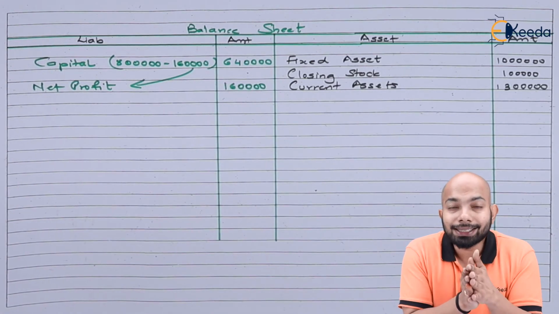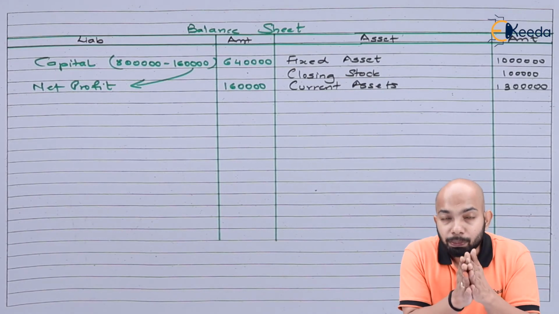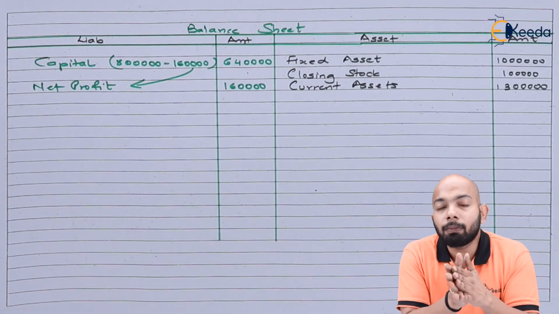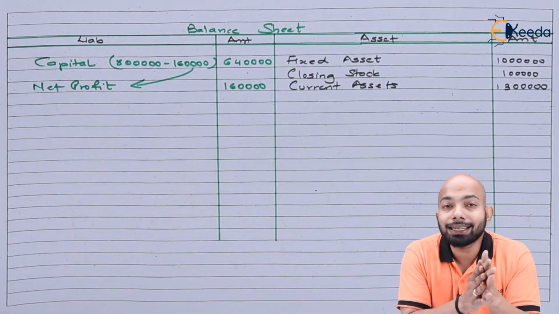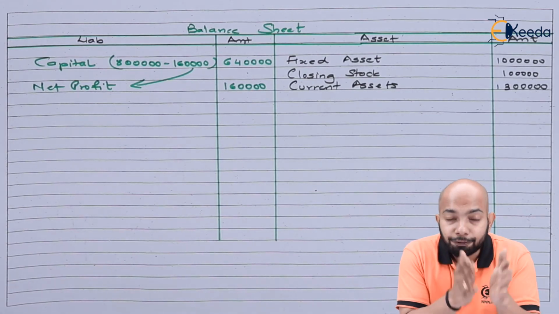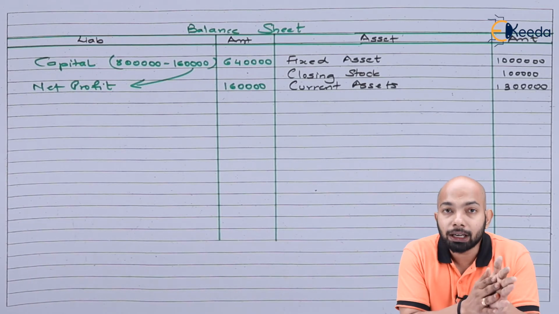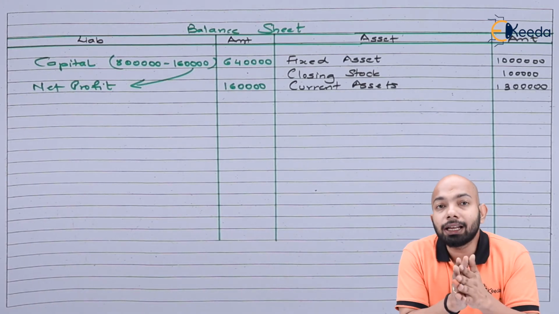The reason why this is done is because usually students make the error of putting the same amount, that is, the opening balance and the closing balance remain the same. However, that isn't the scenario. Hence, if you are putting capital amount as opening balance, then the closing balance will change.